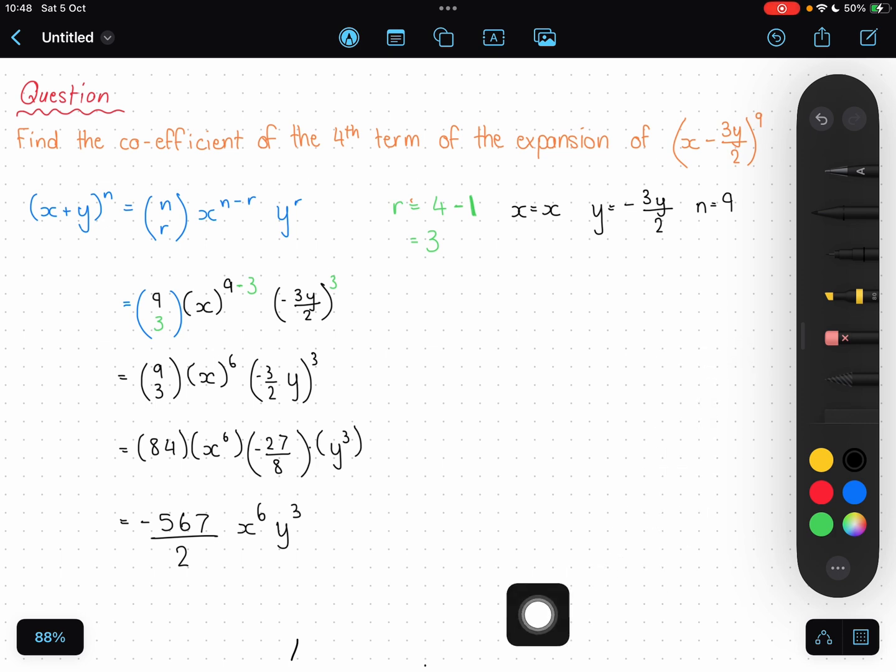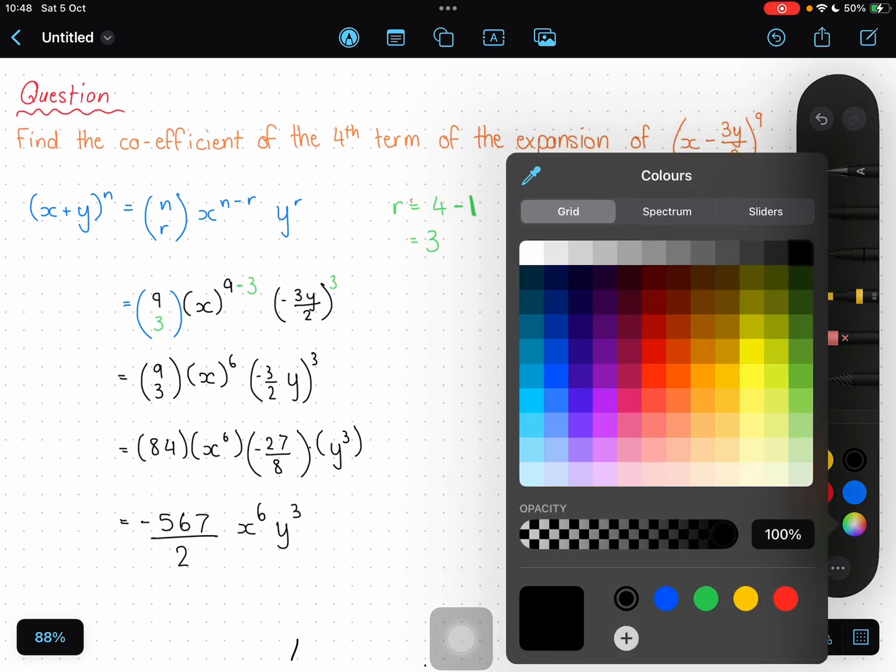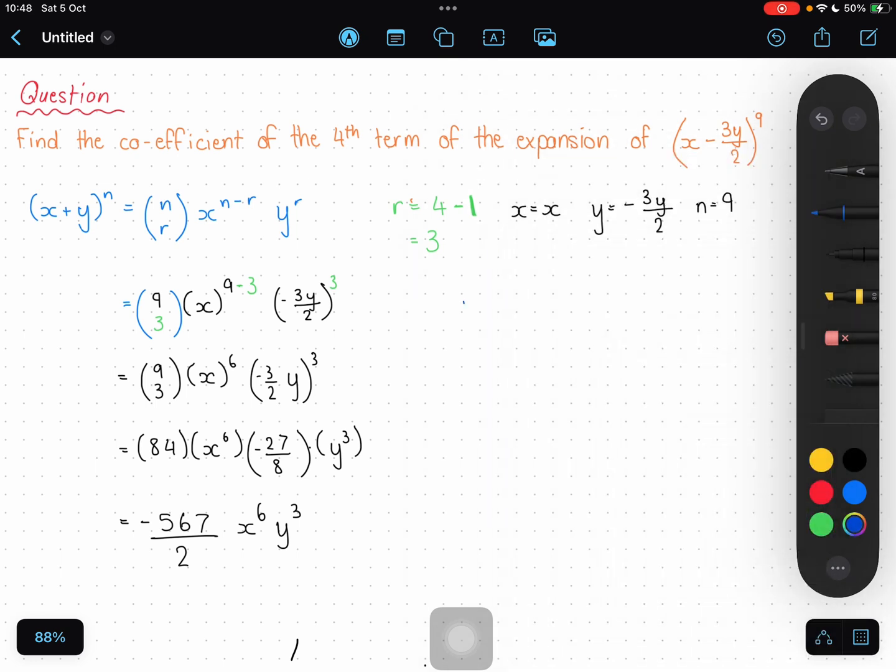Okay, don't forget at the end, you go back, you reread your question to make sure that you finished it, and it says find the coefficient of the fourth term. So it doesn't actually ask us for the fourth term here. Okay, so it's really important that we do go back, we reread that question. I have found the fourth term, but they just want the coefficient. They want the number from in front of the variables.